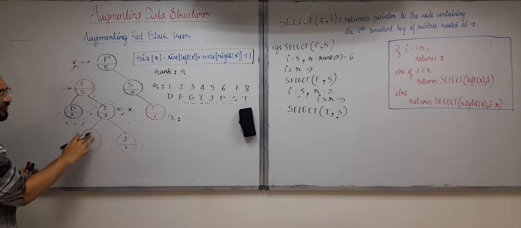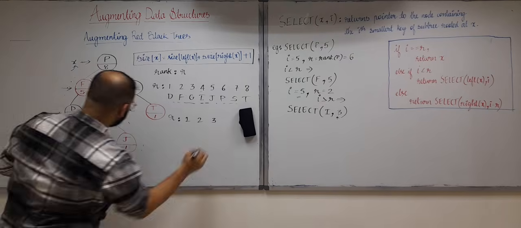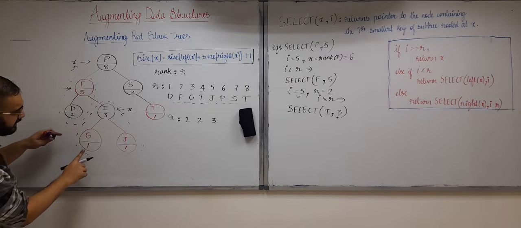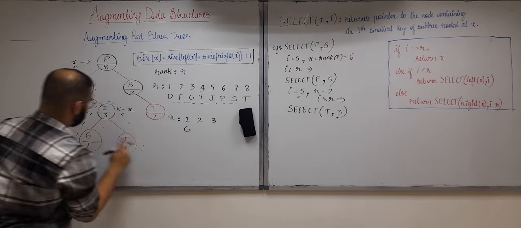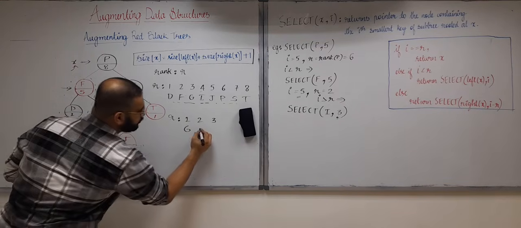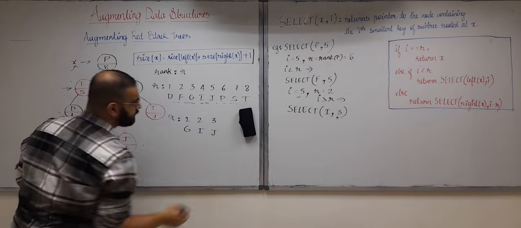If I look at the ranks of every node in the subtree rooted at I, I will do an in-order traversal. First the rank of G will be 1, the rank of I will be 2, the rank of J will be 3.